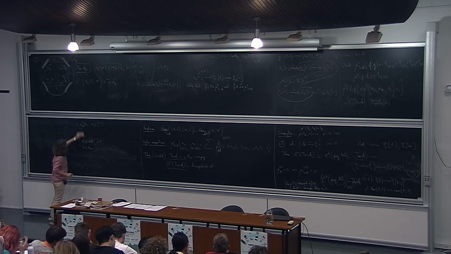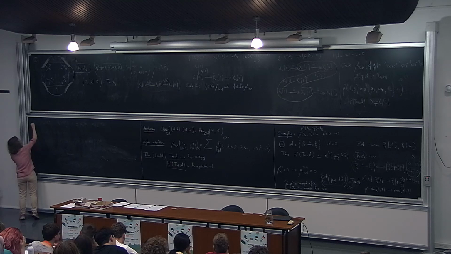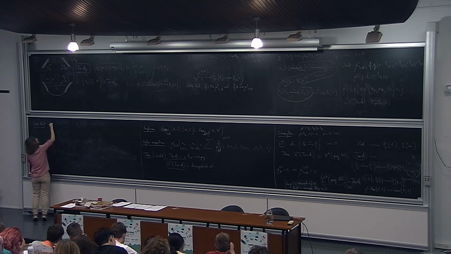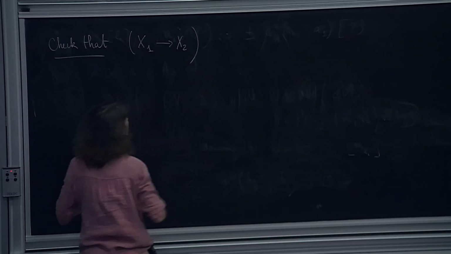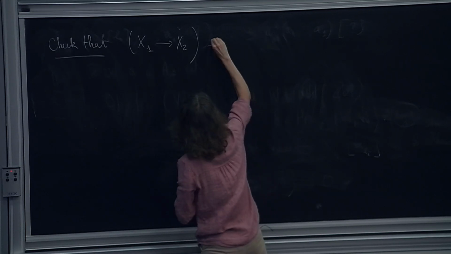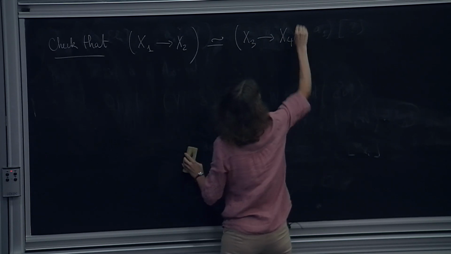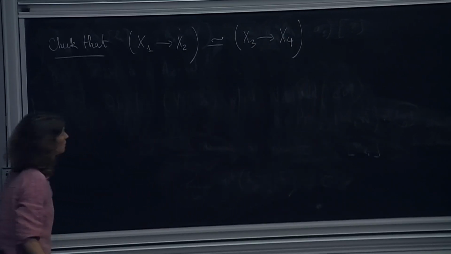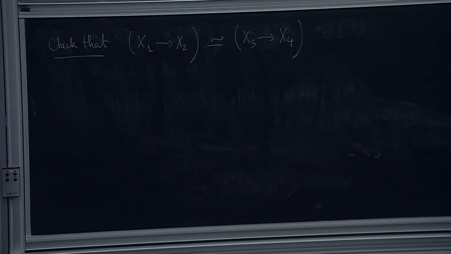Here is another exercise: you can check that if I take the complex given by x1, x2, I don't put shifts, but you can find the good shifts, this is isomorphic to the complex x3, x4, up to shift, if you find a good shift so that you make them isomorphic.